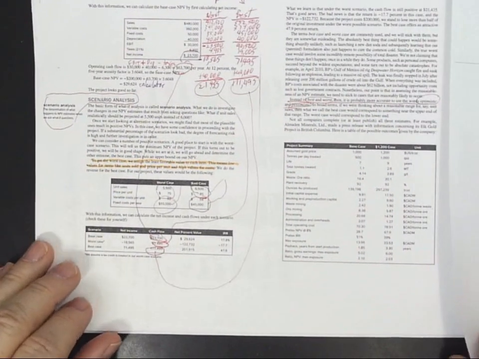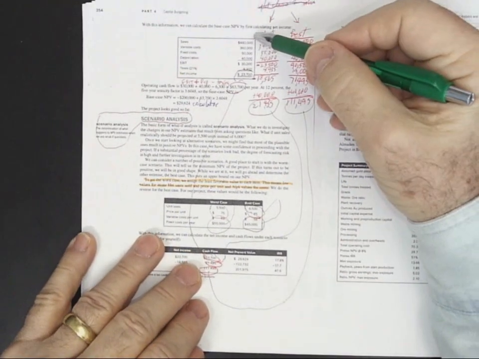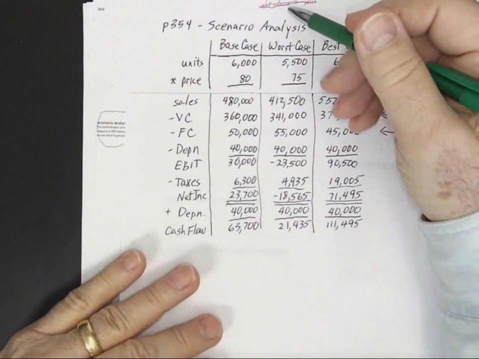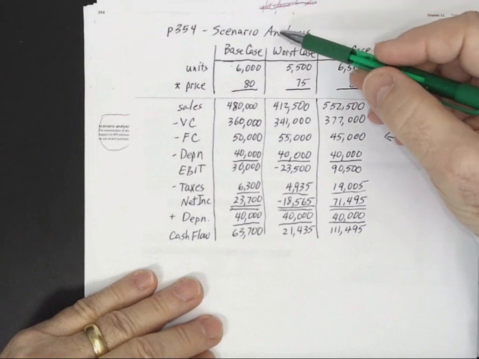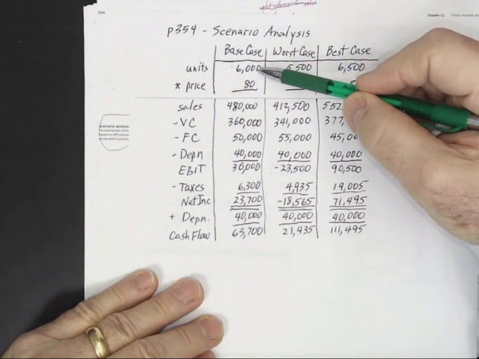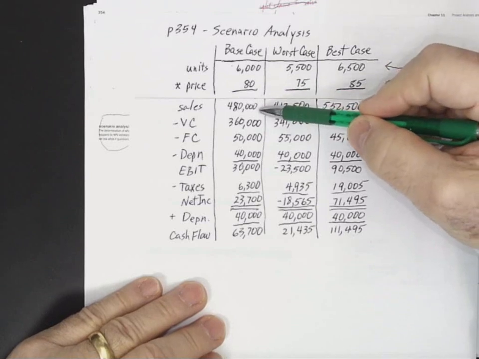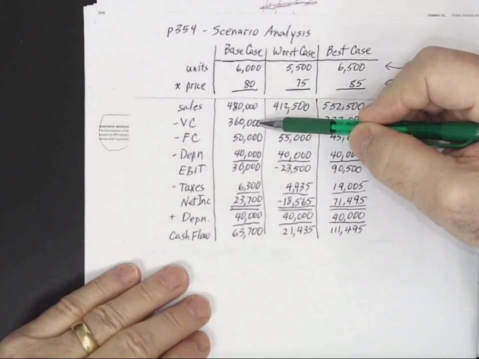So I've marked up these pages, and let's take a look at this case in more detail, and I'll just show you the one that I've gone ahead and put together. We've got a base case with 6,000 units, and the price is 80 per unit. That's 480,000. Variable costs at 60 per unit times 6,000.